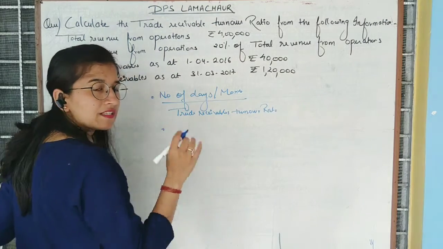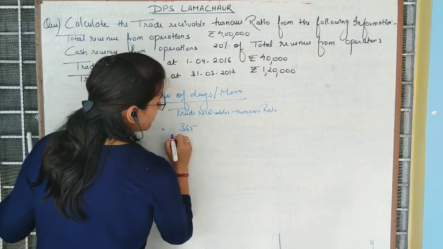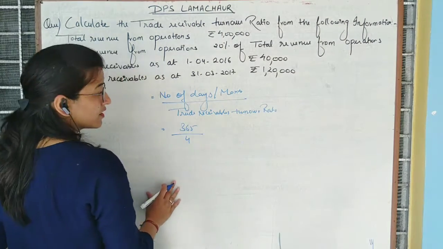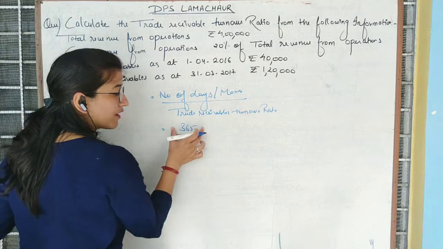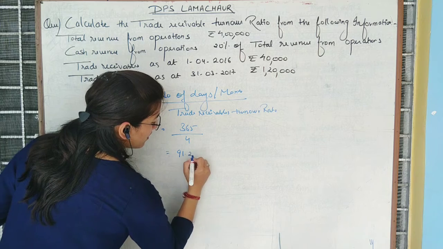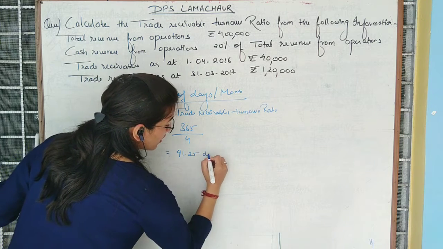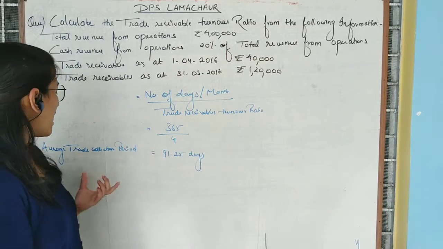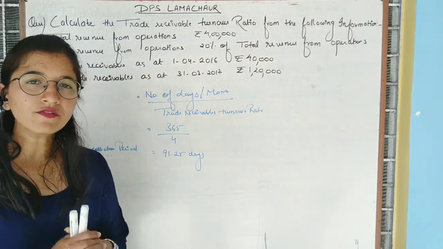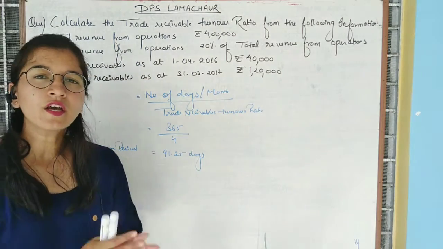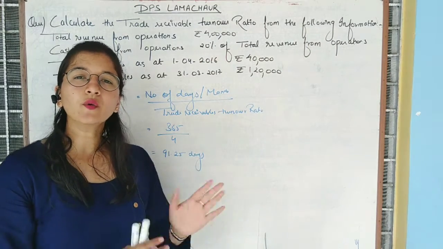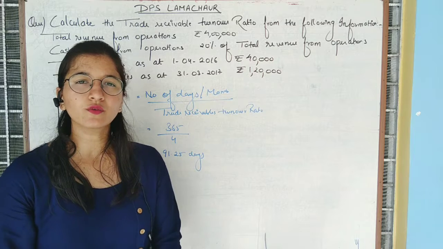So number of days in a year is 365 and our trade receivable turnover ratio was 4 times. So by dividing 365 by 4, we get the amount 91.25. So the average collection period is 91.25 days. So in this session, we have learned the concept of trade receivable turnover ratio and the question based on trade receivable turnover ratio.